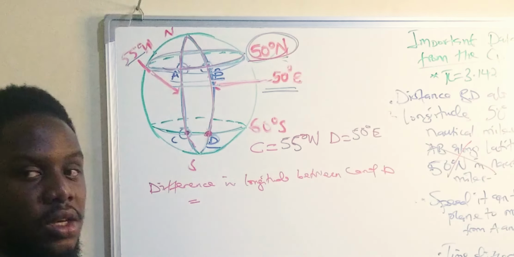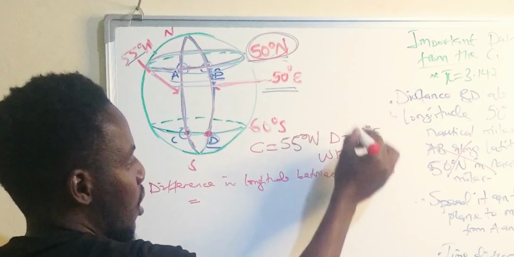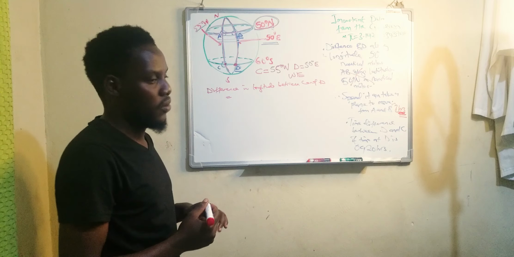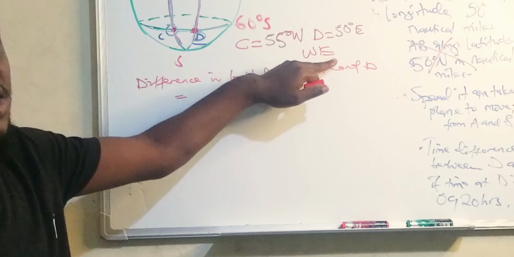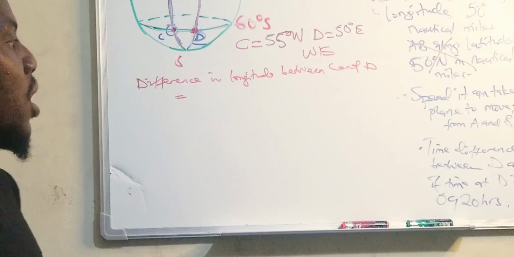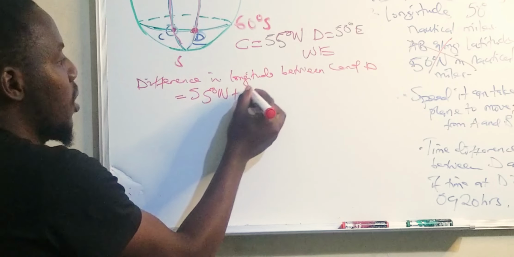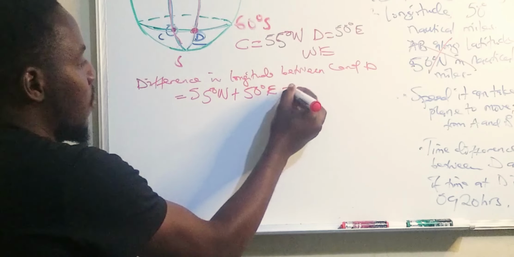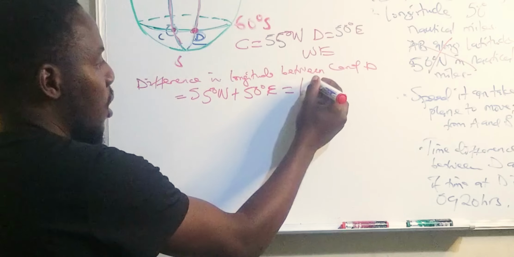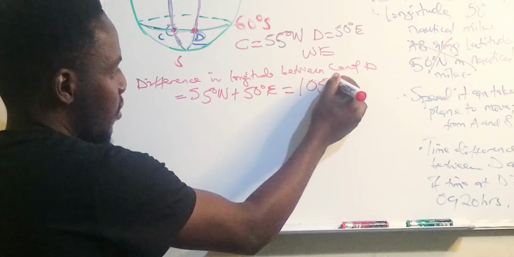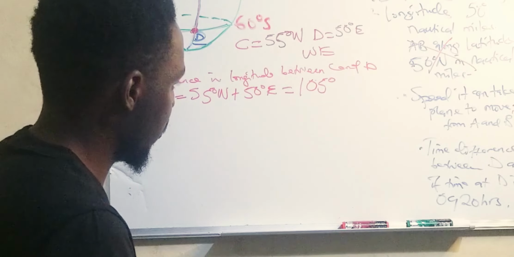Since the combination we have here is west-east, and I said that when we have 2 points that lie on different sides of the Greenwich meridian, you add to find the difference. So you have 55 degrees west plus 50 degrees east. With this one, you end up having 105 degrees. That's the difference in longitude.